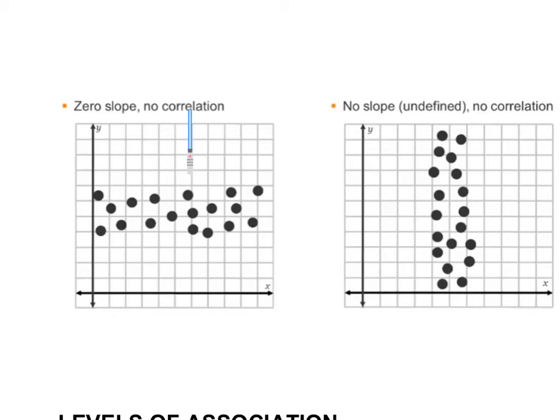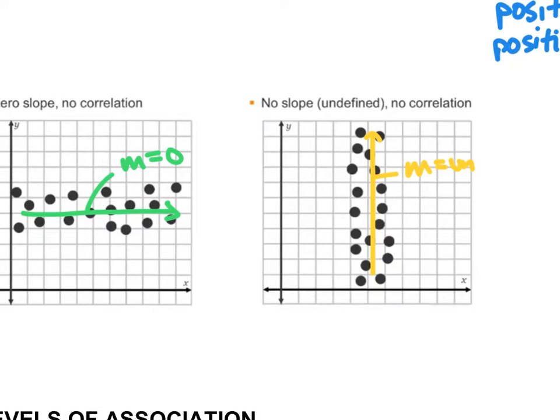So no correlation and zero slope kind of mean the same thing, but also over here, an undefined slope also has no correlation. If we draw this line in here, our slope m is equal to 0. If I draw a line in here, this slope is undefined, because it's vertical.